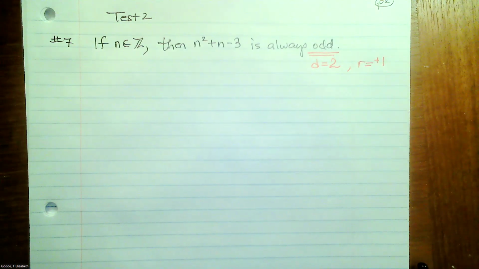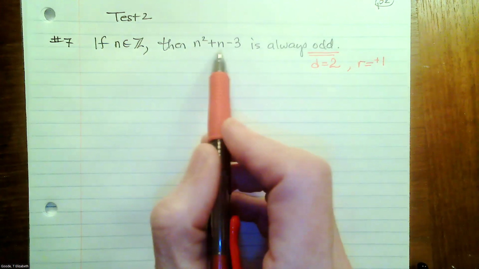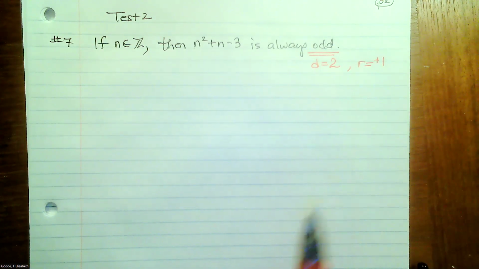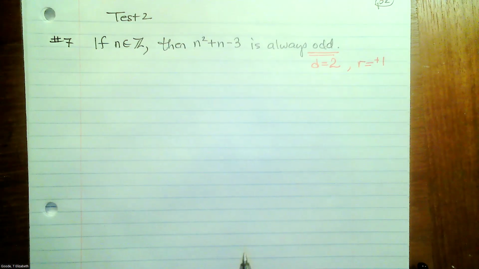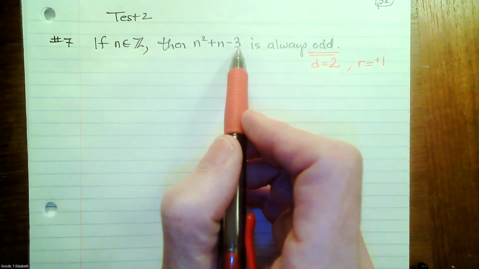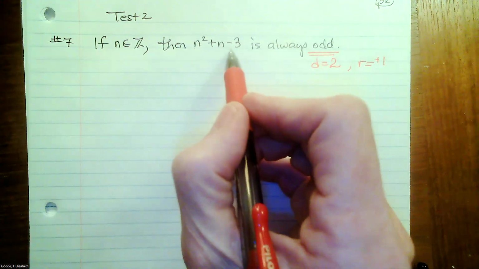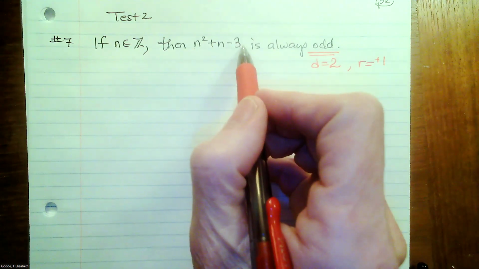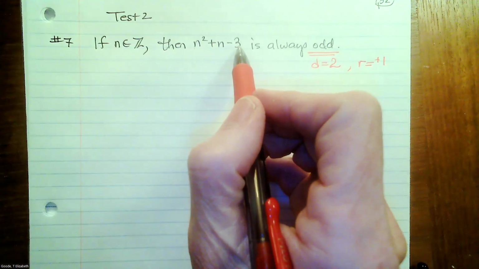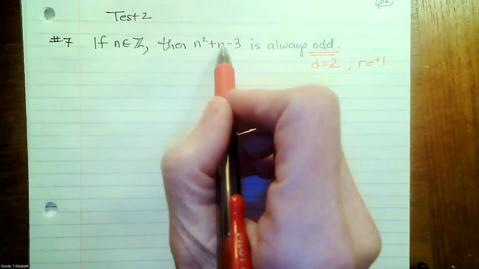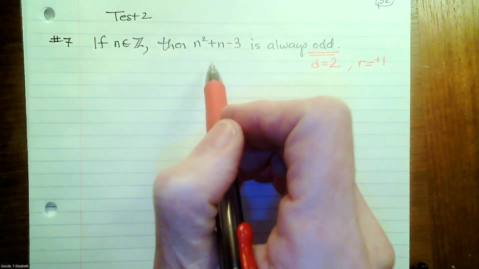We're dividing by 2, and we're saying, hey, if we divide n squared plus n minus 3 by 2, we should get a remainder of 1. Well, there's not a 2 to be seen in n squared plus n minus 3. Okay, not quite true. We could change -3 into -4 plus 1. We'd have a 2 in the -4. But there's no 2 apparent in n squared plus n.